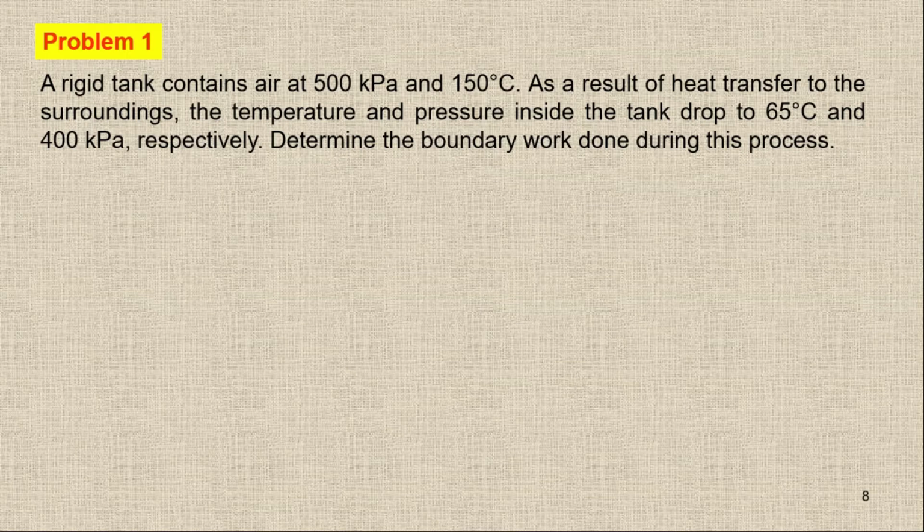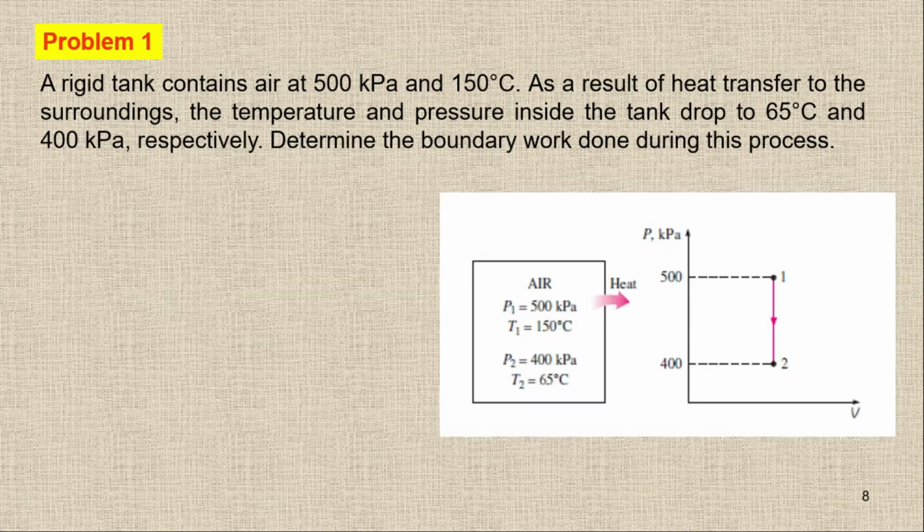You have to find the boundary work, and for the boundary work we have the formula W_B is equal to the integral of P dV, and we can draw the PV diagram like this one.